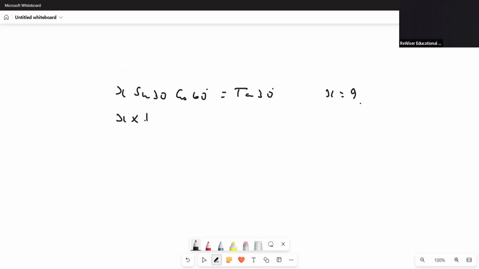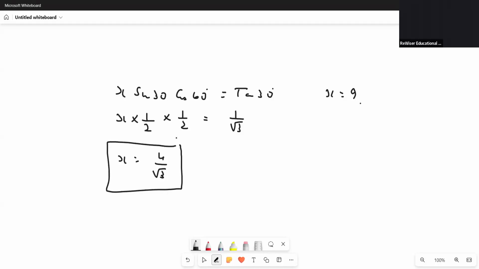So sine 30, as we have found in the table, is half. Cos 60 is same as writing sine 30, so that's also half. And the value of tan 30 degrees is 1 by root 3. So that means the value of x that we got is 4 by root 3, and that's the answer to the given question. So these type of questions are quite commonly asked.